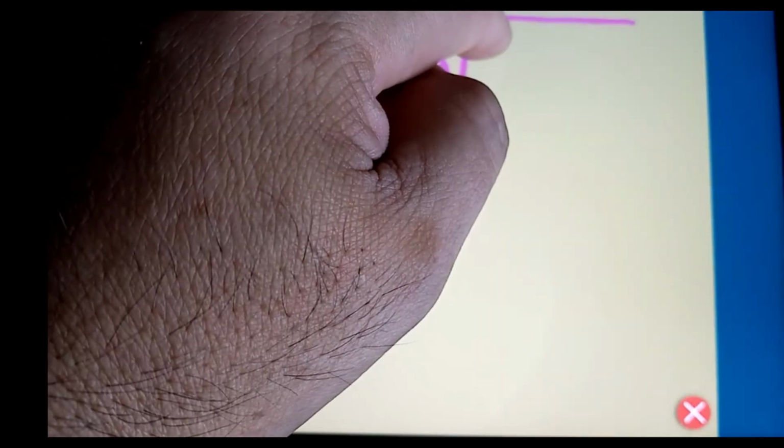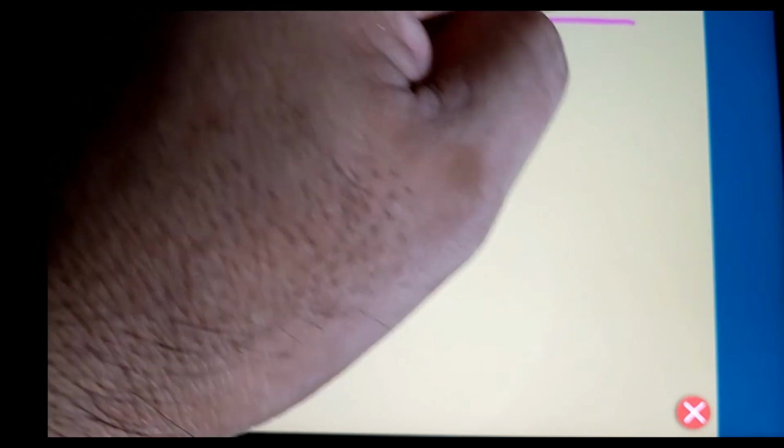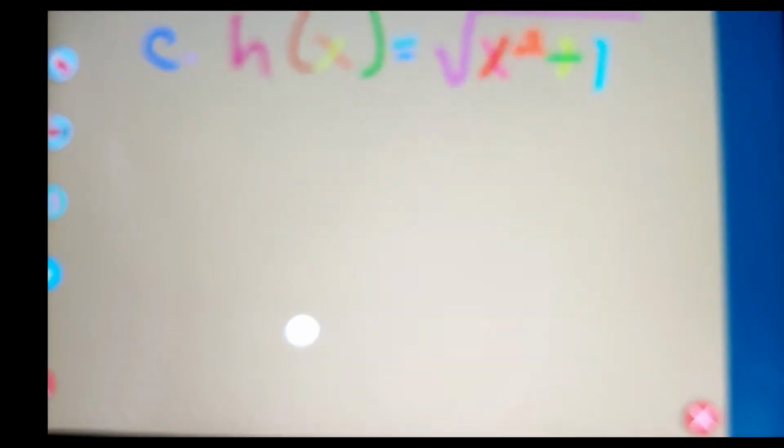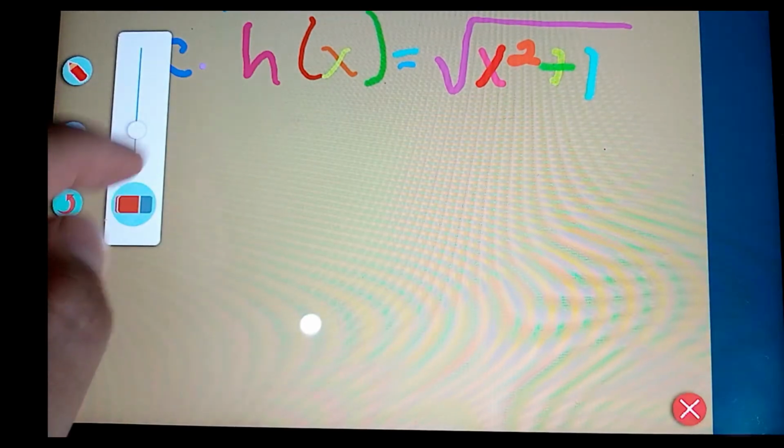The given function is h of x equals square root of x squared plus 1.